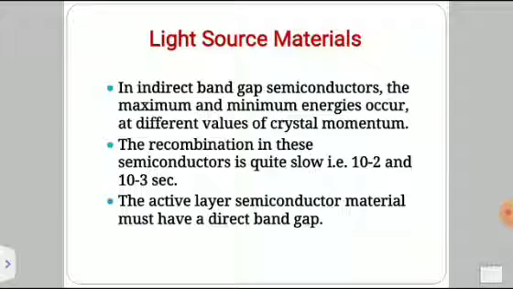The recombination in these semiconductors is quite slow in some of the materials, on the order of 10 to the power of minus 2, very less, and sometimes 10 to the power of minus 3 second. The active layer semiconductor materials must have a direct bandgap energy. That's why we prefer these.